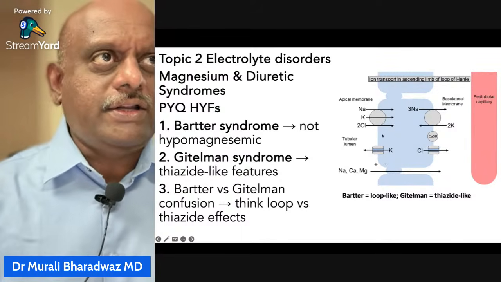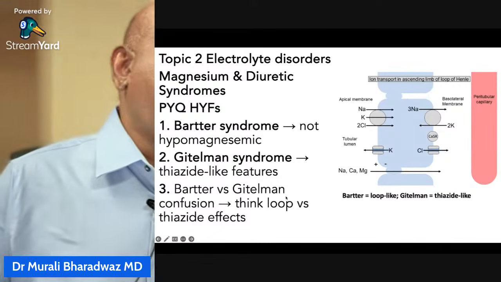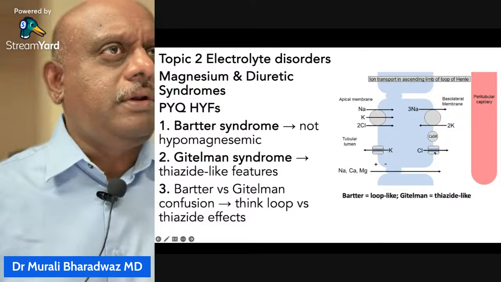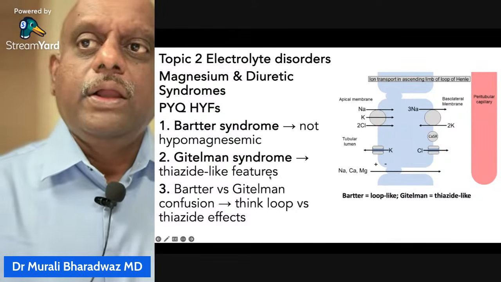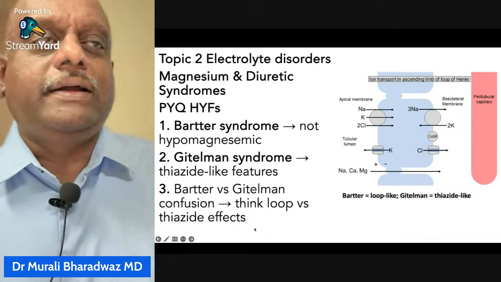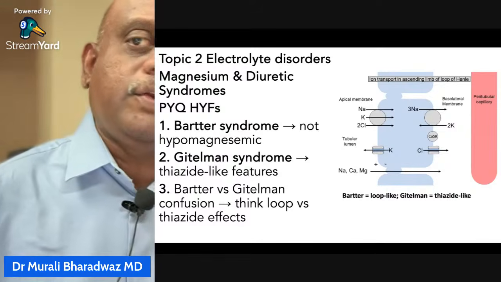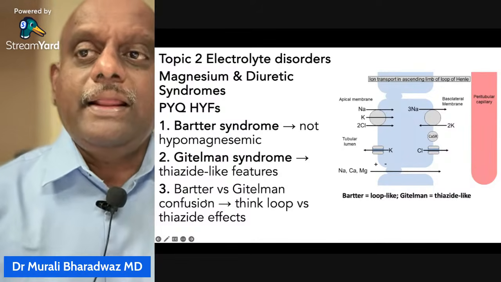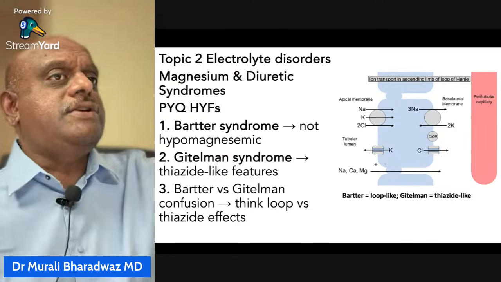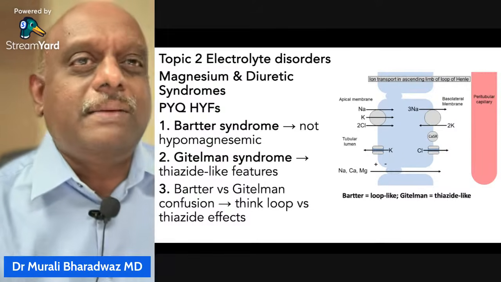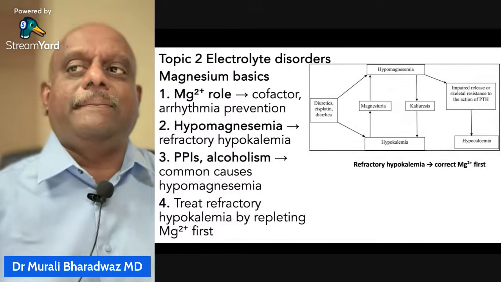Sodium potassium 2 chloride channel, it inhibits. Whereas thiazide diuretic will go to the distal convoluted tubule and affect their sodium chloride channel. Bartter behaves like loop diuretics. Gitelman behaves like thiazide diuretic, is what we need to remember. Then another important differentiator. We have hypomagnesemia in Gitelman, but not in the Bartter. That is a differentiator, right?